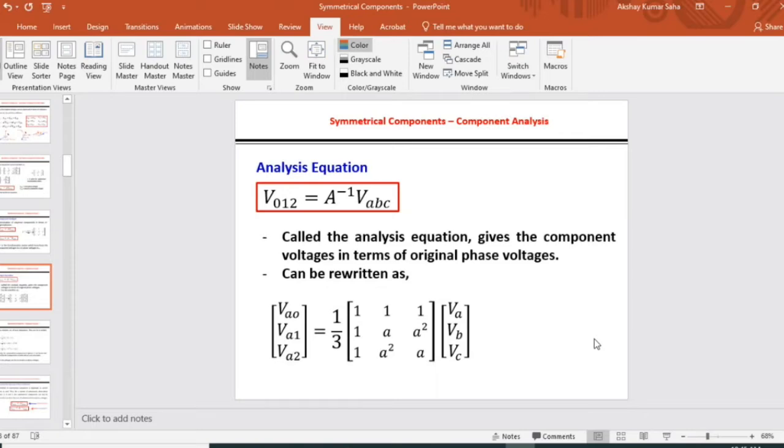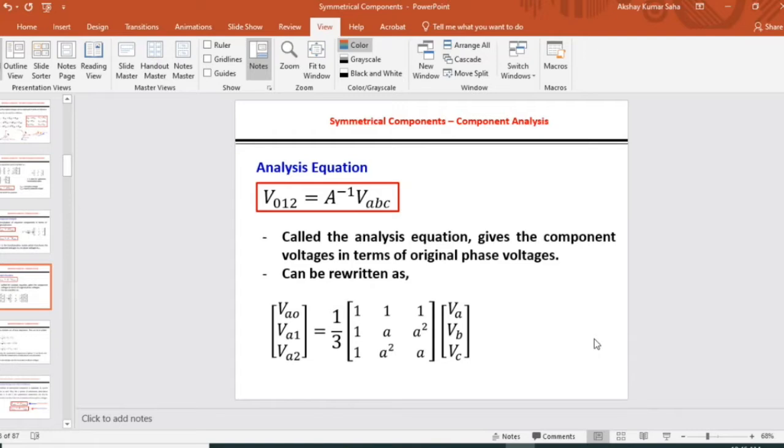So we now have the synthesis equation. I'm trying to repeat it so that we absorb it. The synthesis equation gives us the actual phase voltages VABC in terms of the transformation matrix A and the sequence component voltages.